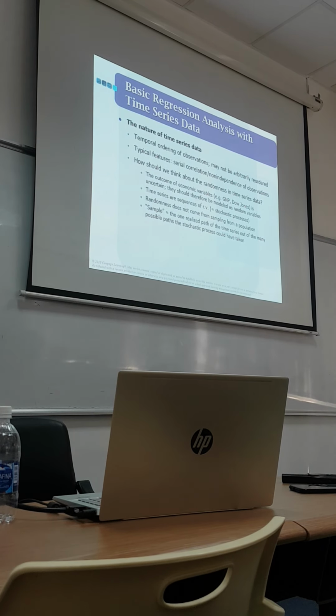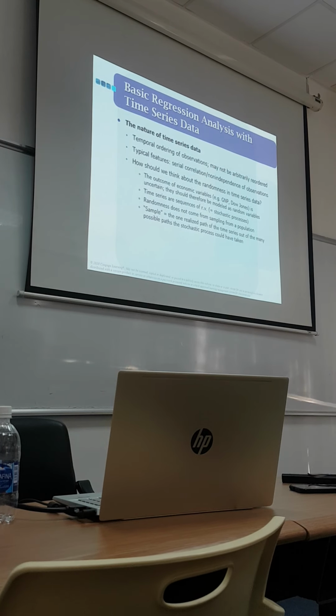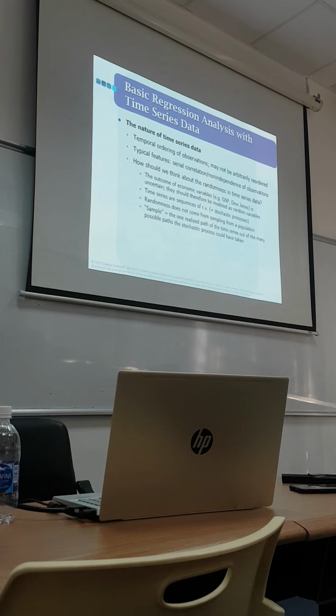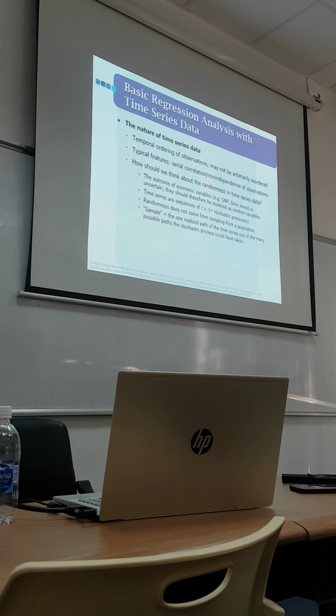The sample is not like random sampling. In cross-sectional, we use random sampling. But in time series, we cannot say, I want to pick this year and that year. You cannot do that.